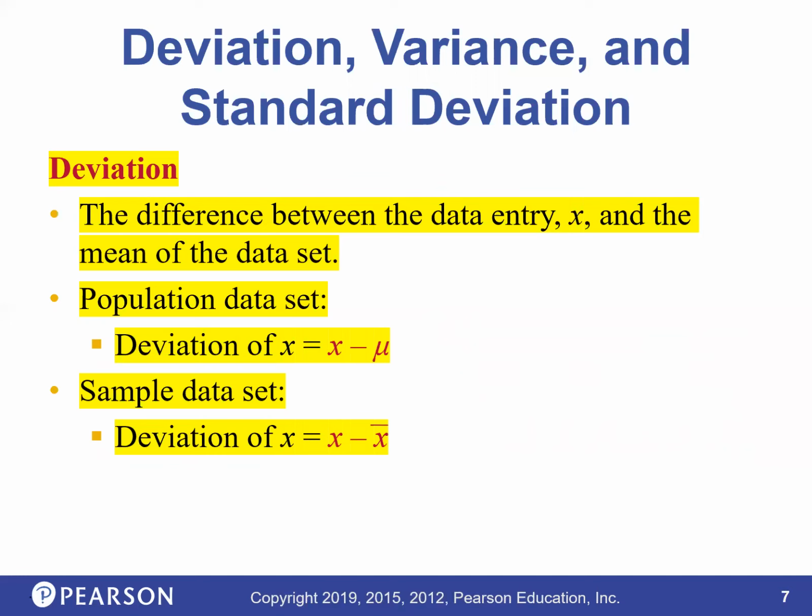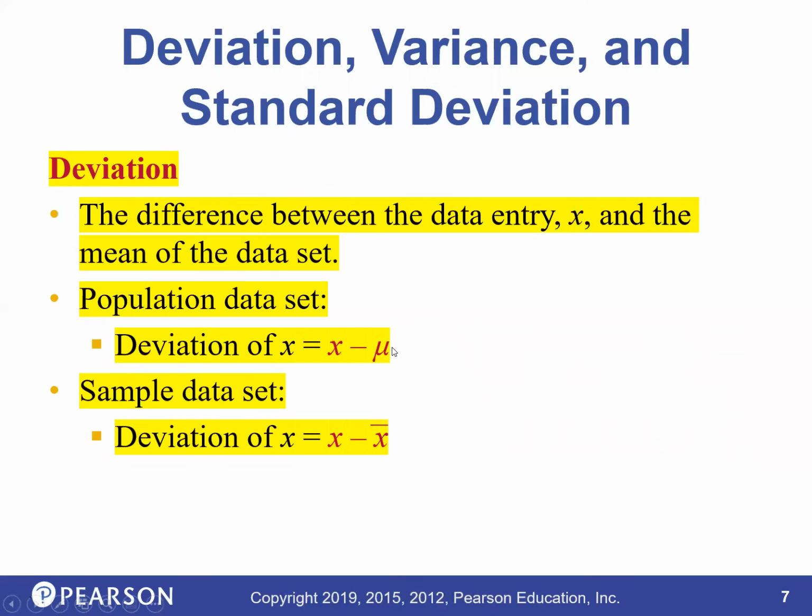What is mu again? Mu is the mean of our population, right? Yeah, it's the average.